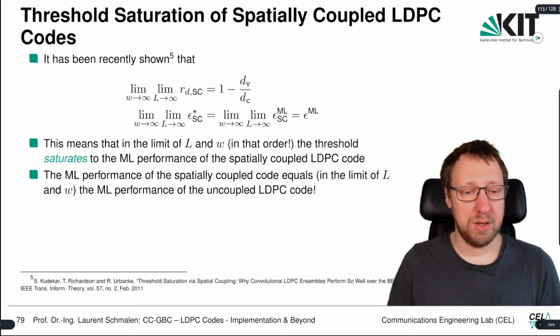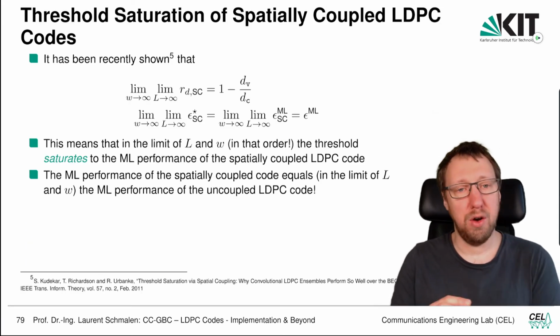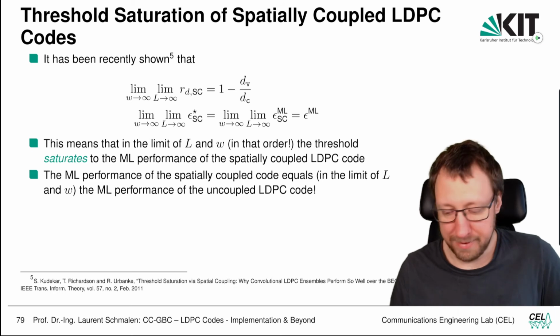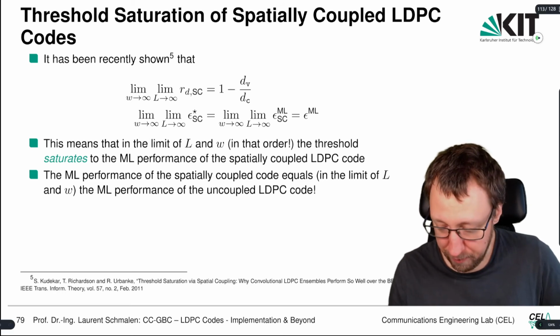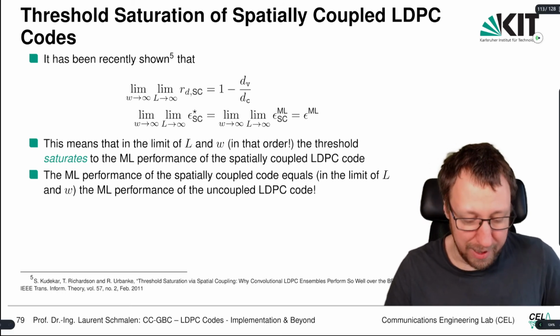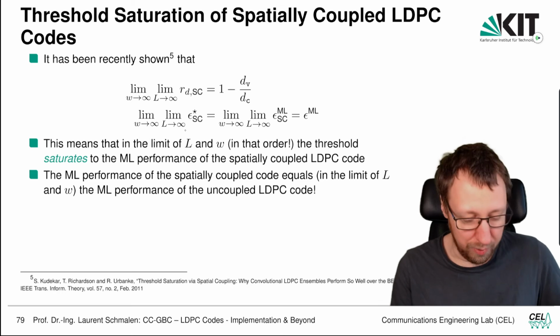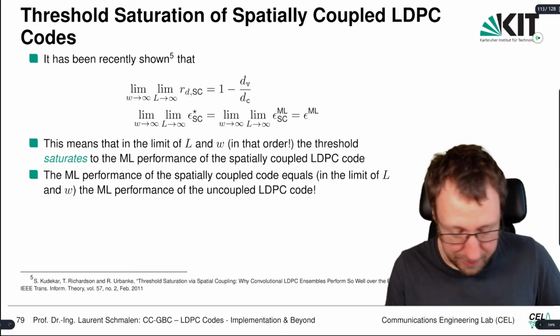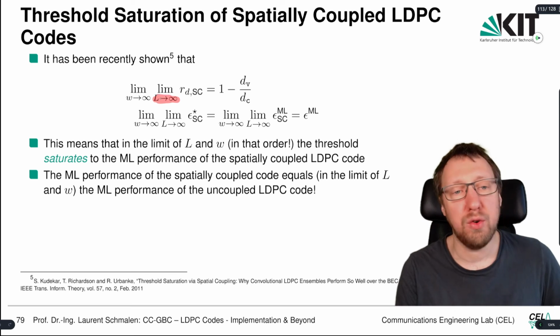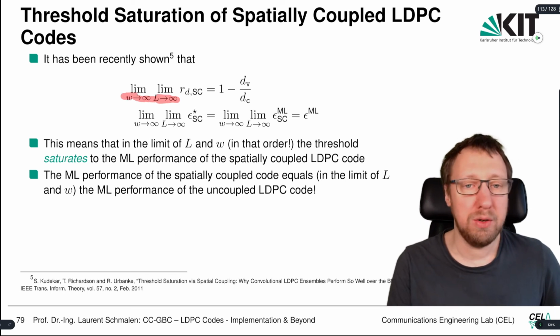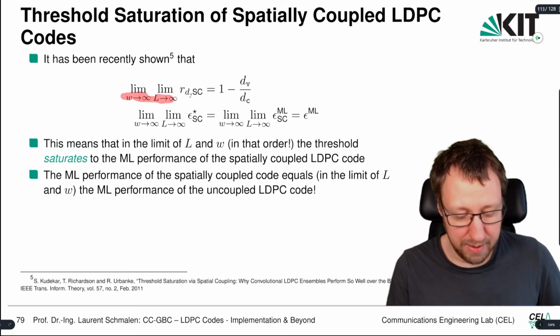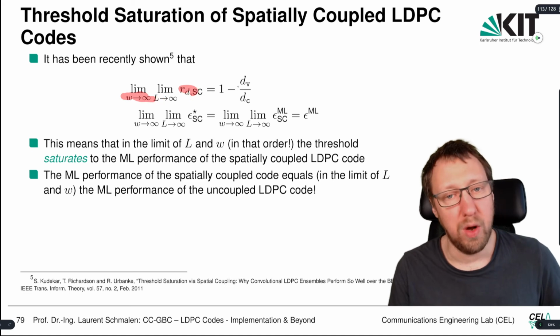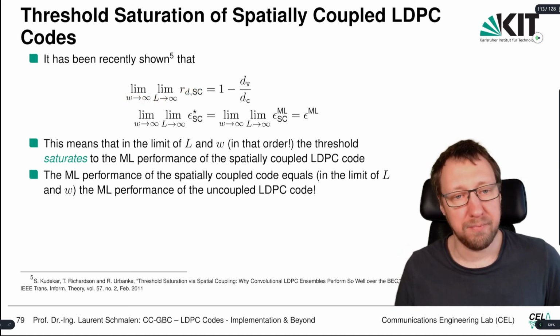And it was shown just 10 years ago now what happens in the limits. So if W goes to infinity and L goes to infinity, in this order. So first L needs to go to infinity, then W needs to go to infinity. Then the rate of the spatially coupled code is just 1 minus dV over dC.